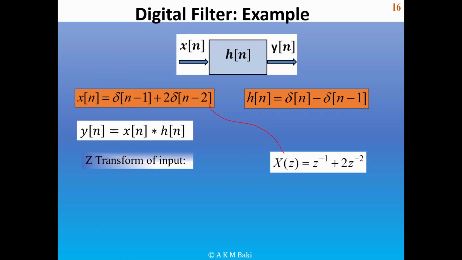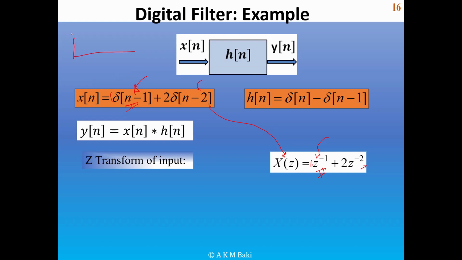Check this equation. The first term, z to the power minus 1, is related to delta n minus 1. Since it is a 1 sample delay and the amplitude is 1, the amplitude is not needed here, but for clarification you can write it down. Second case, z to the power minus 2, since it is a 2 sample delay of the delta function.